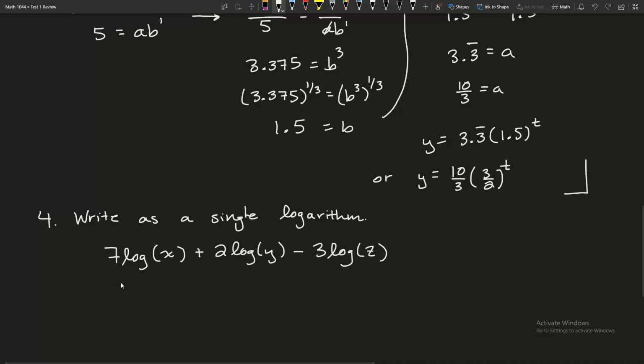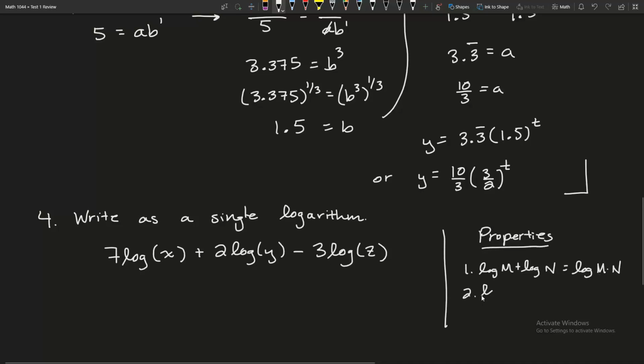So we had essentially 3 log properties that we're making use of. One, if you have log of m plus log of n, you can write this as the single logarithm log of m times n.